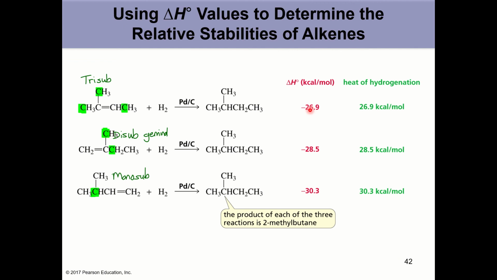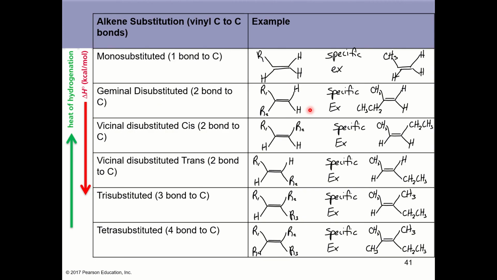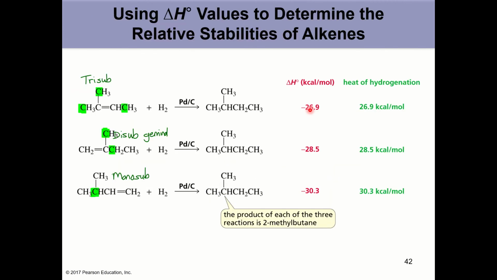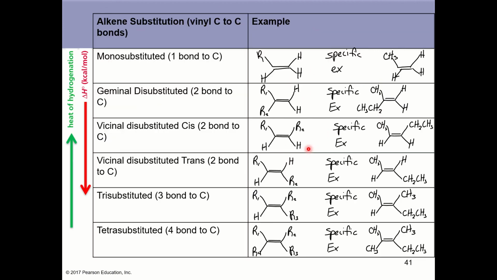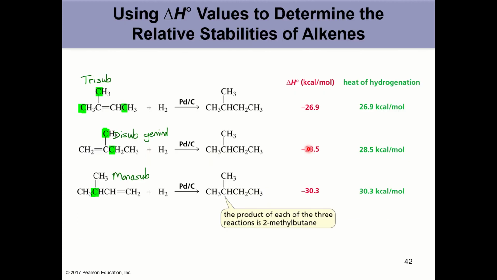Okay, tri-substituted to di-substituted is decreasing. It's getting lower, which means that it's increasing. Right, because 26.9 is greater than negative 28.9, so the arrow is pointing down to show that it's increasing as we become more substituted, because negative 30.3 is less than 26.9.